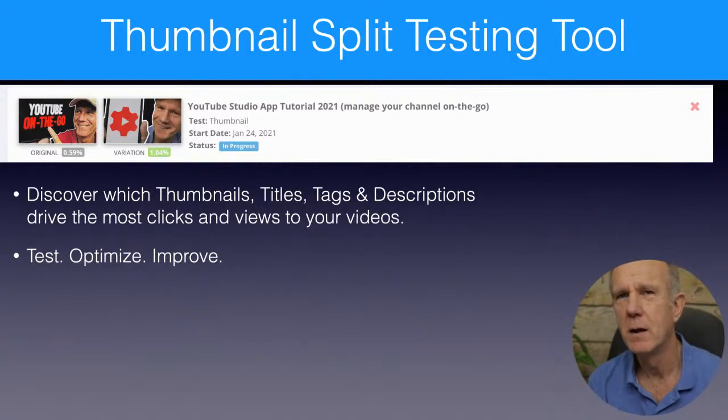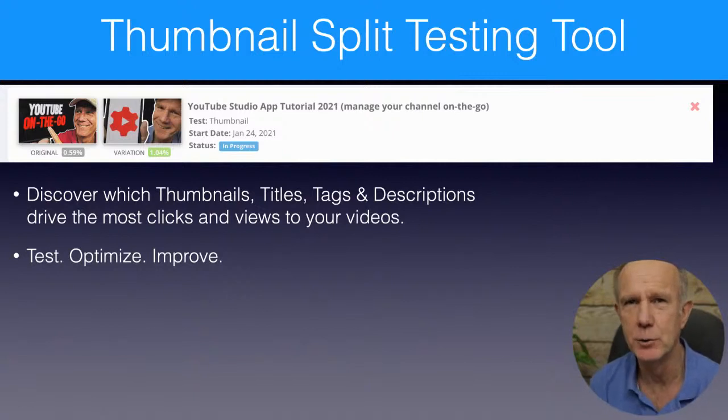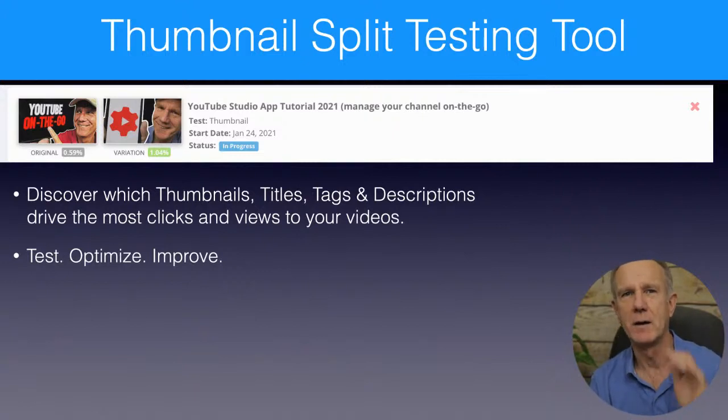Now, usually, if you do a quick test, it usually takes about 14 days to get the results back. So it's not statistically significant, but it's good enough to give you an indication which thumbnail is getting the most traffic and getting the most clicks. So in this case, my right-hand thumbnail, which is the variation thumbnail, has a higher click-through rate and gets more traffic than the left thumbnail.